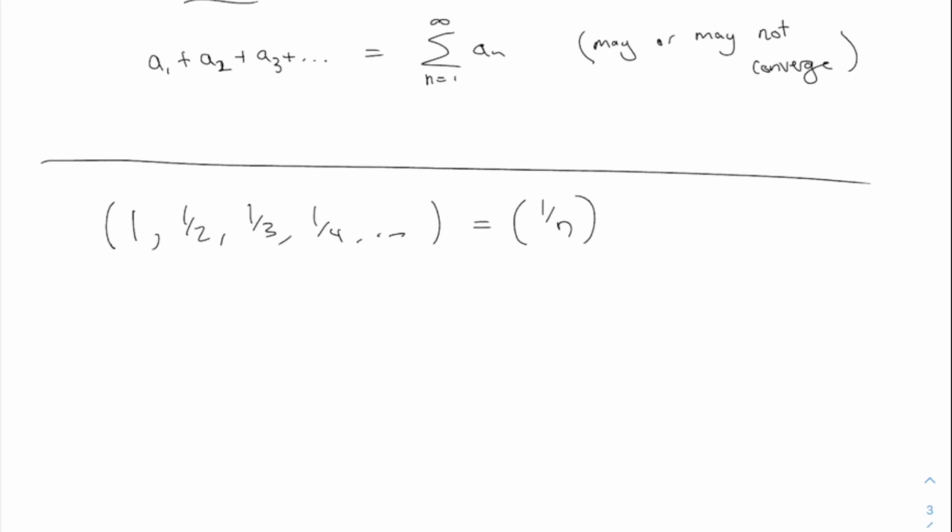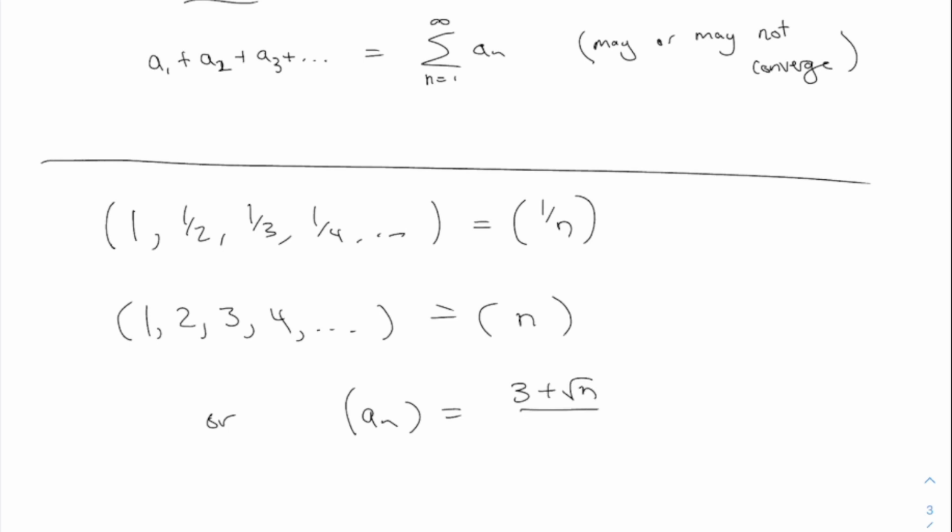How about 1, 2, 3, 4, etc.? If you were writing it in that style, it would just look like (n), the sequence of just n. Or you can do more complicated things. Something like (an) is the sequence (3 + root n)/(4n squared), something like that. This is a typical sequence that we might want to talk about. All right, this is just a notation for how we would write a sequence.